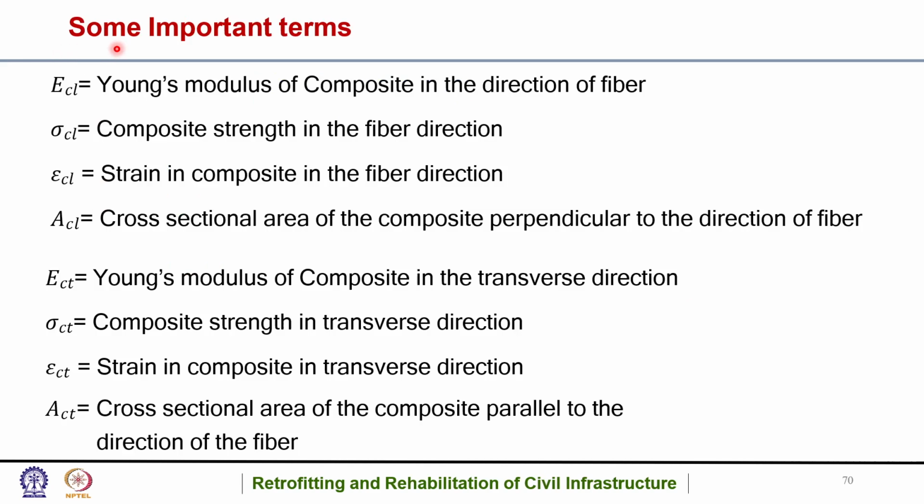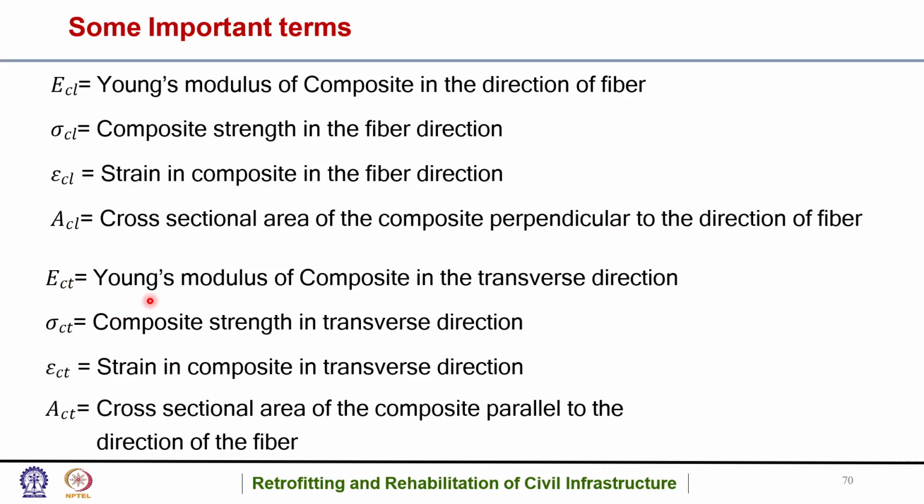Now let us see some important terms. ECL is equal to Young's modulus of composite in the direction of fiber, that is longitudinal. Similarly, sigma CL is composite strength in the longitudinal direction. Epsilon CL is strain in composite in the longitudinal direction. ACL is cross-sectional area of the composite perpendicular to the longitudinal direction of fiber.